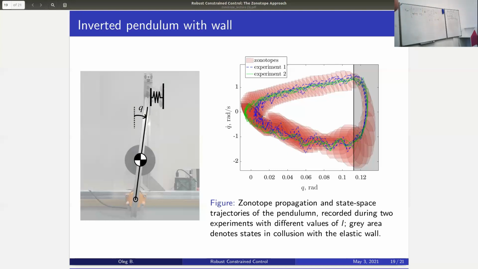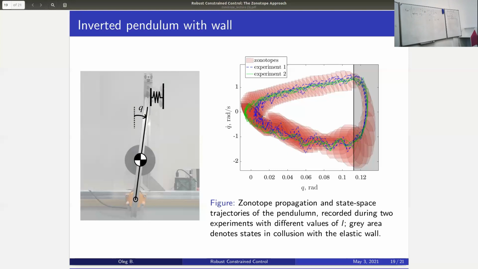And you can see, after the optimization task, we get polytopes, red areas. And you can see here that when we contact the spring, our zonotopes increased. It's because we don't know the parameters of the spring. And here you can see two trajectories with different positions of payloads.